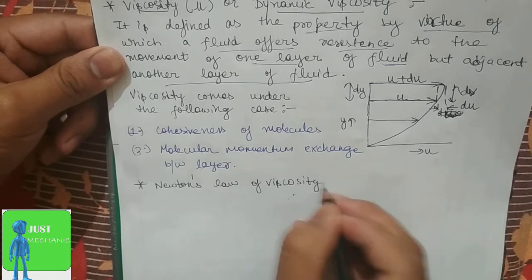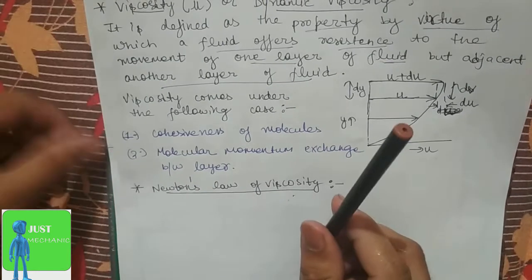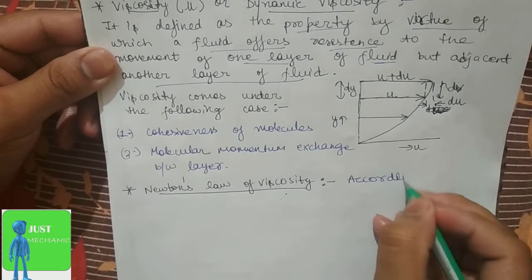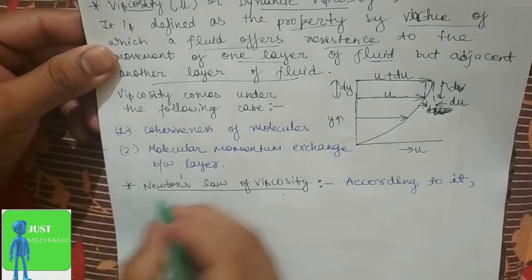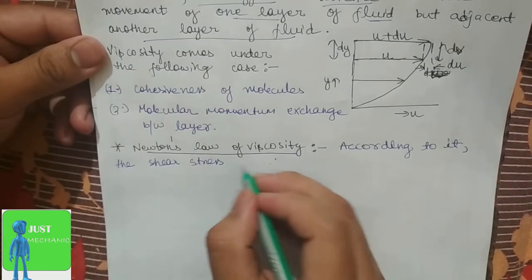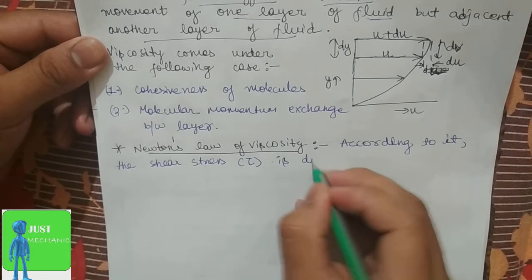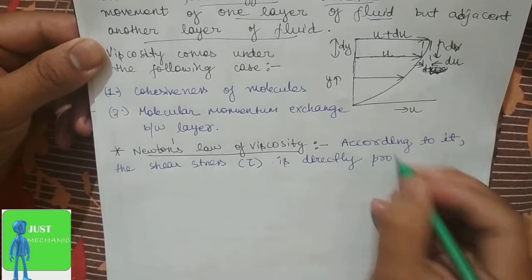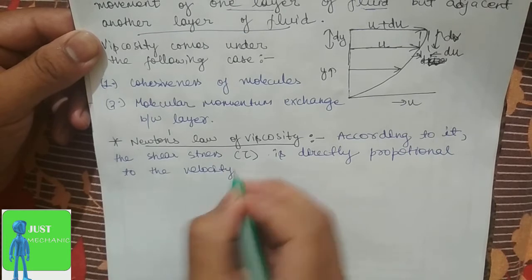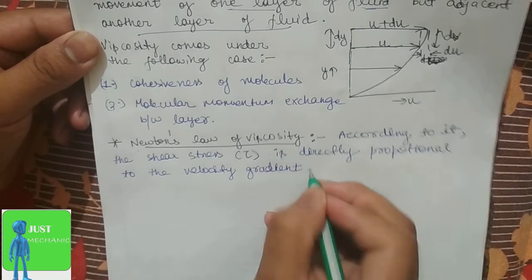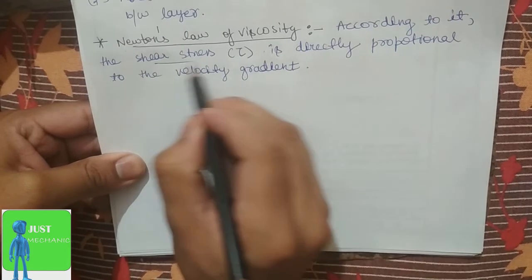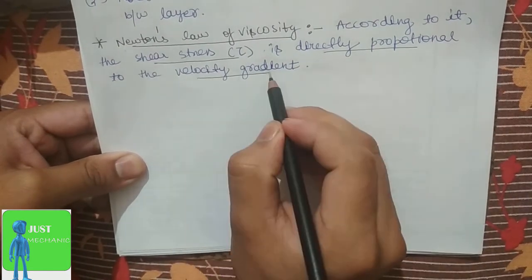According to this law, the shear stress tau is directly proportional to the velocity gradient.